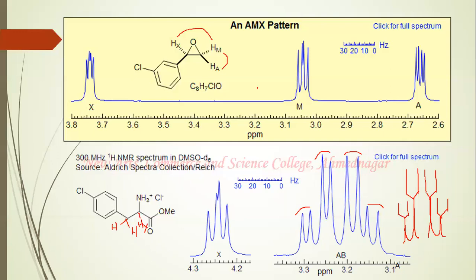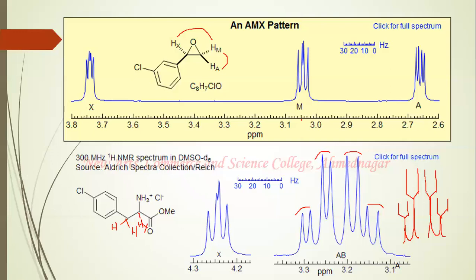Now what you should remember is that in this example there were three protons, and here also there are three protons which couple with one another, but depending on the coupling constant values and the chemical shift values, the difference in the chemical shift value is very small. As a result, the two signals are distorted to a large extent as compared to this AMX spin system.